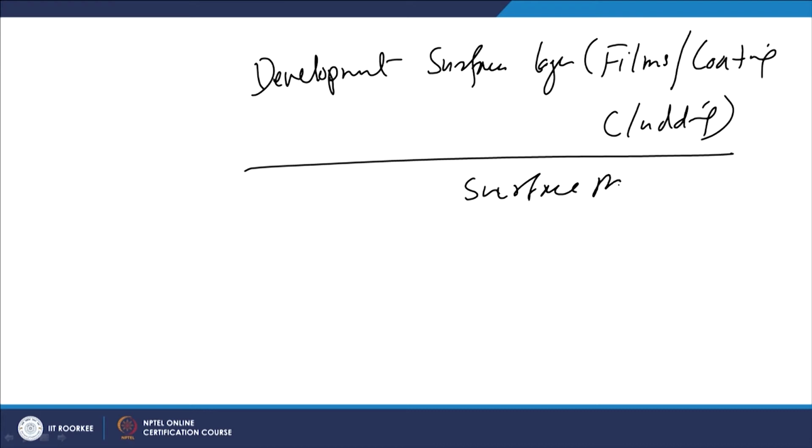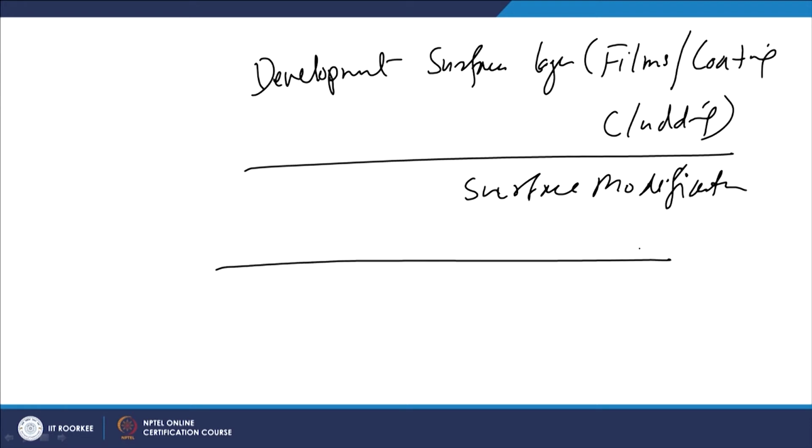So, this is the third approach of surface modification. In this case, we find that our component is made of a material which can provide the required support for the mechanical loading.